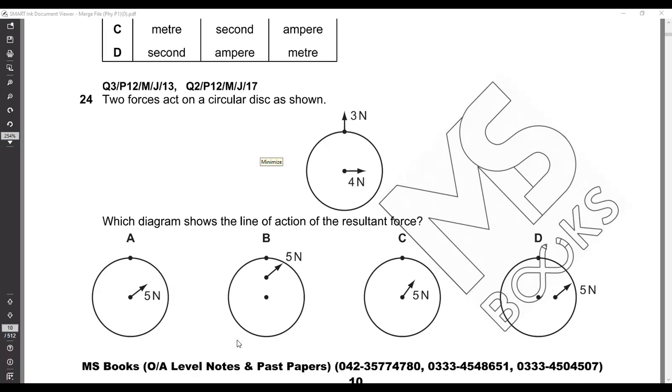Fatma, again, same mistake. Why not A and why C? What's the difference in A and C? Which one has a shorter vertical length in the answer and which one has a longer vertical part?